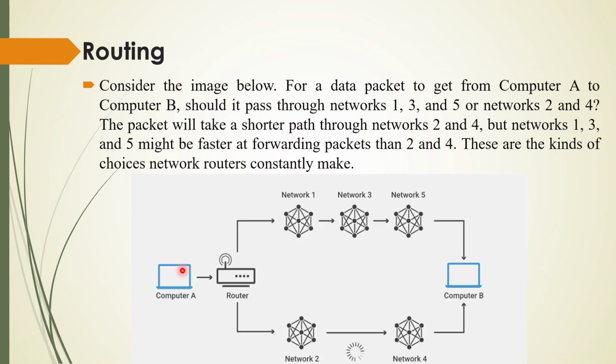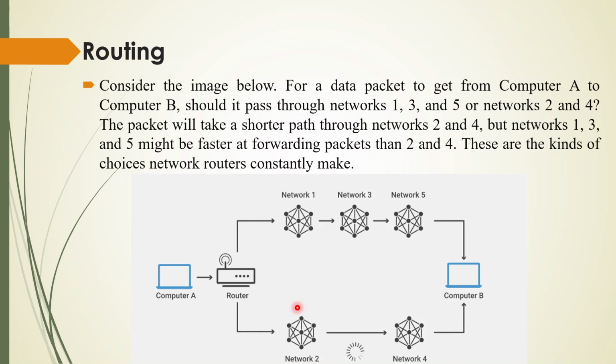See here, we have computer A and computer B, and we have to transfer the packets from A to B. Here we have a router. We have two paths: network 1, 3 and 5 to send our data to B, and another path through network 2 and network 4.